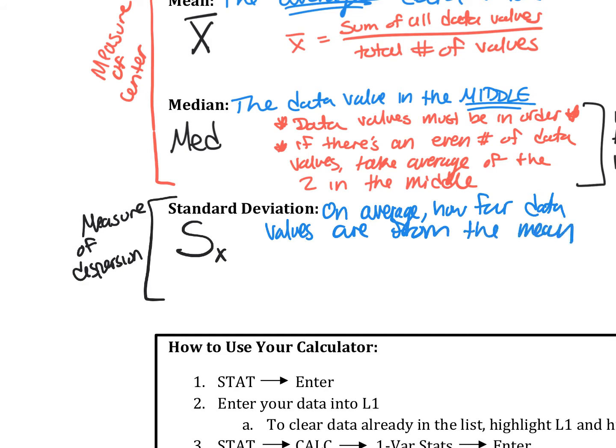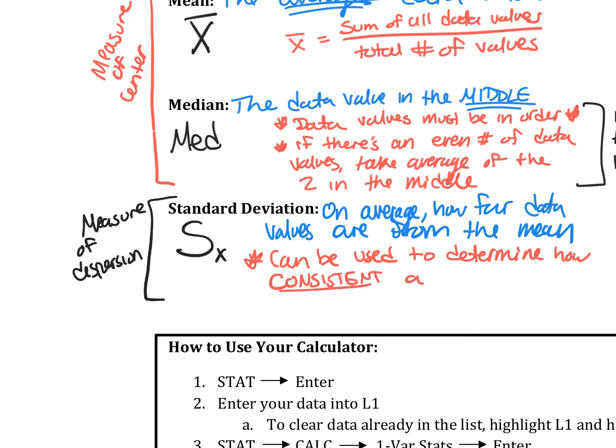And usually we use standard deviation to help us determine how consistent a data set is. Your calculator will calculate the value for you.